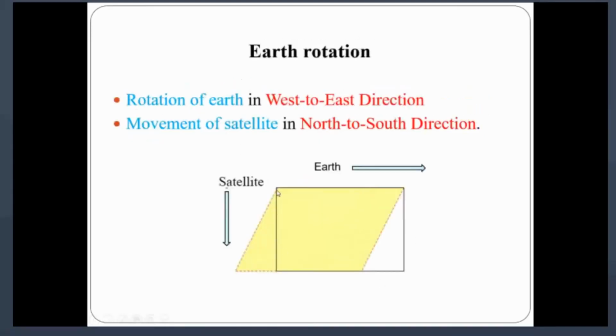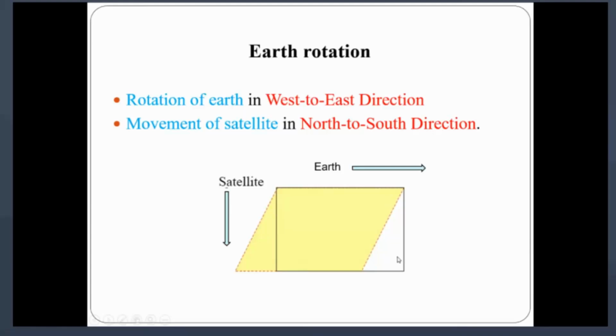Then one of the most commonly occurring errors in any kind of remote sensing image is due to the Earth's rotation. Now we all know that the Earth keeps rotating from west to east, and the movement of the satellite is either north to south or south to north. I have considered it from north to south here. If the Earth were stationary, this black rectangle would have been the picture captured by the satellite.